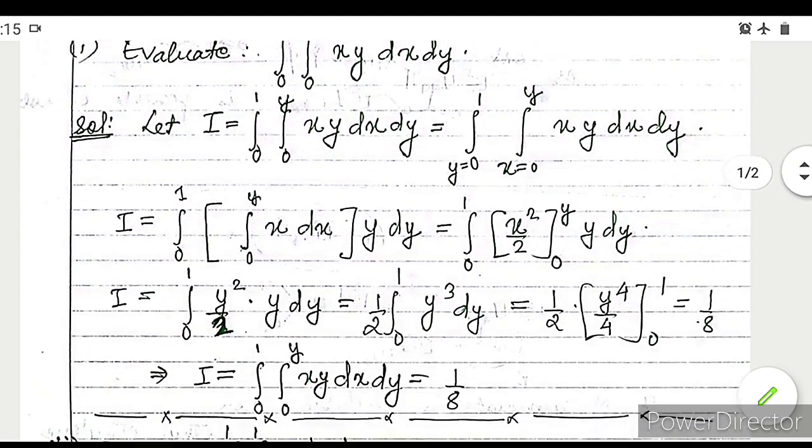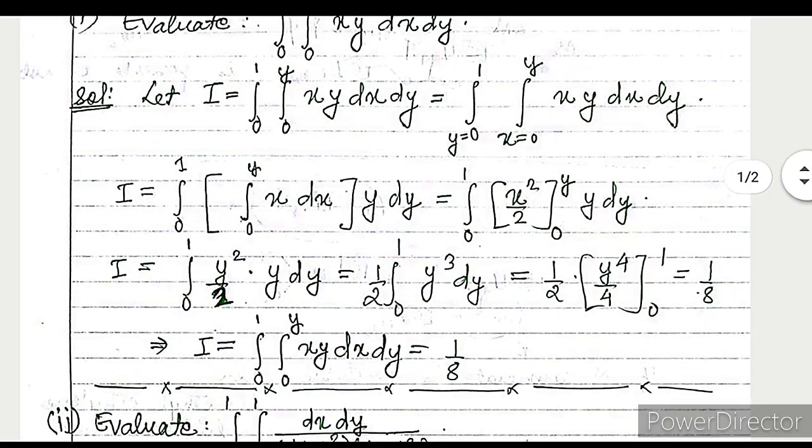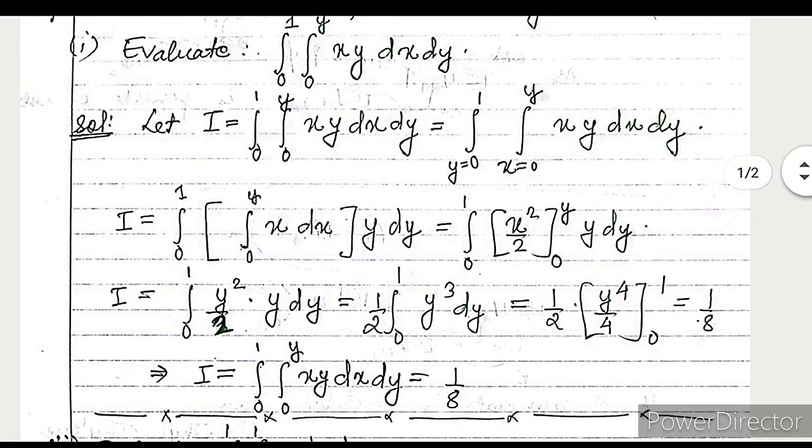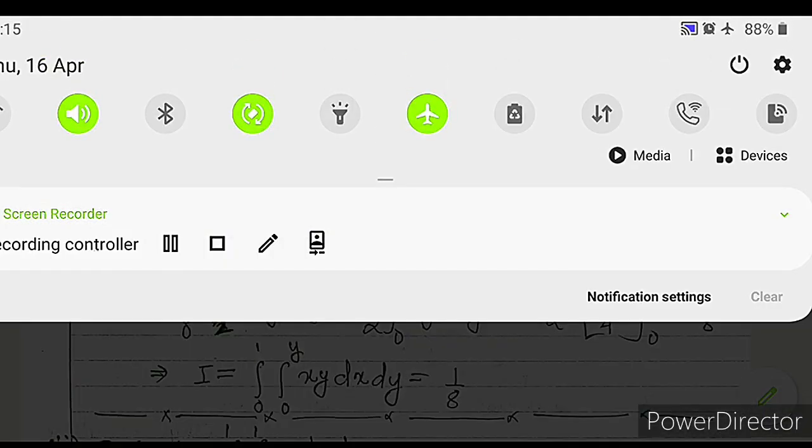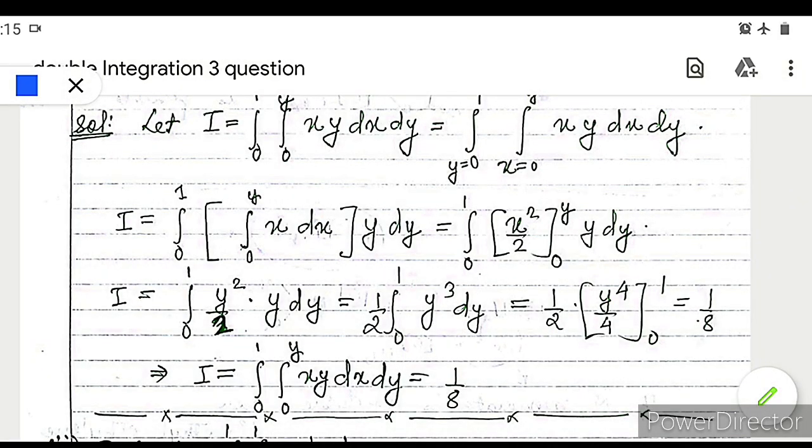So let's put these limits. After putting the limits, instead of x you have to put y, so it becomes y square upon 2, and when you put 0 instead of x, everything is 0, so no value for the lower limit. This thing is as it is here, y dy.